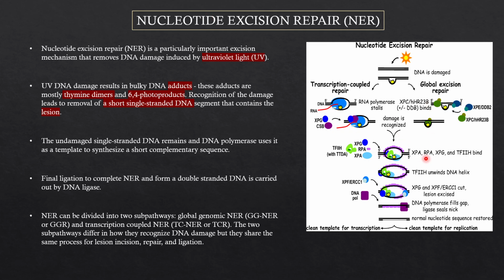In this image, the DNA damage is recognized, and several factors come and bind with the damaged part, and this will unwind and repair the damaged parts, and the DNA polymerase fills the gaps and seals the nick, and the normal nucleotide sequence is basically restored after the repair of the nucleotides.